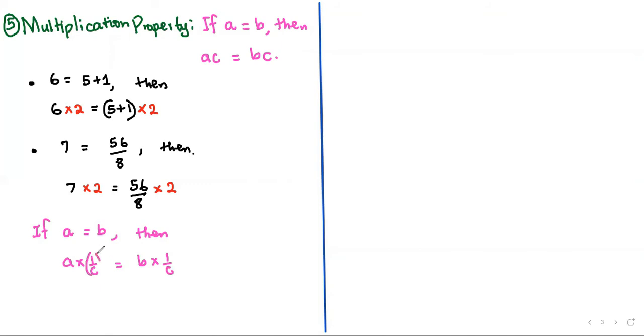So if we multiply A by 1 out of C, we must also multiply B by 1 out of C. And this will give us A out of C is equal to B out of C. Okay? We can look at this clearly in property number 6, which is called the division property.